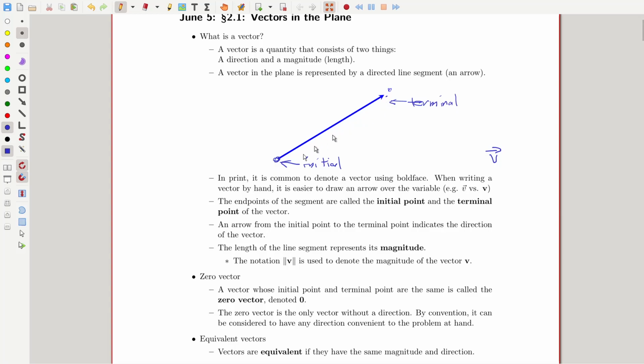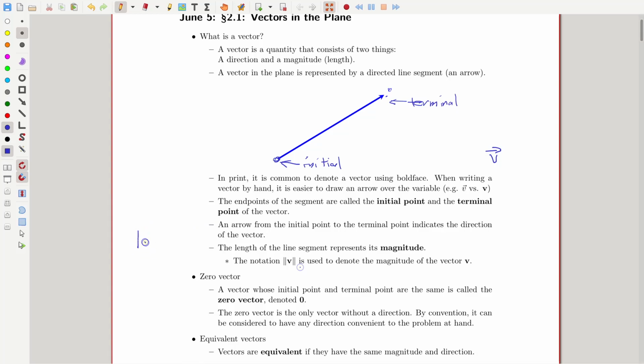The length of this line segment represents the magnitude of the vector. And a notation for magnitude: if we are given a vector v in bold and we want to get its magnitude, we can use this notation of surrounding it with double vertical bars. That's the way that we take the magnitude of a vector.